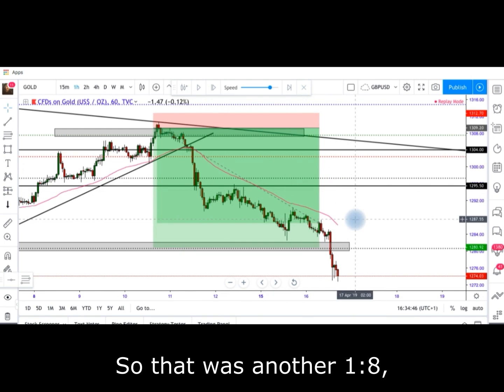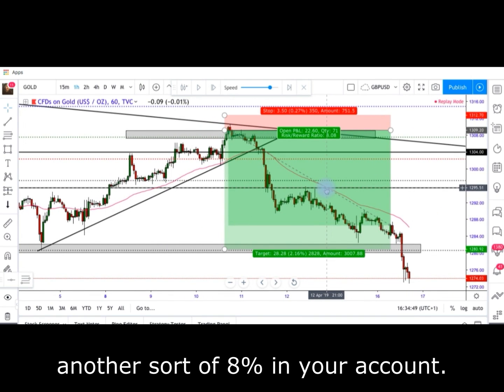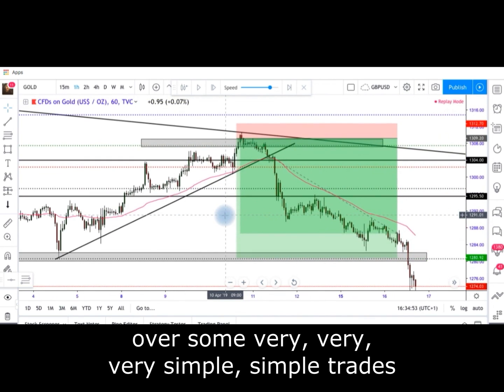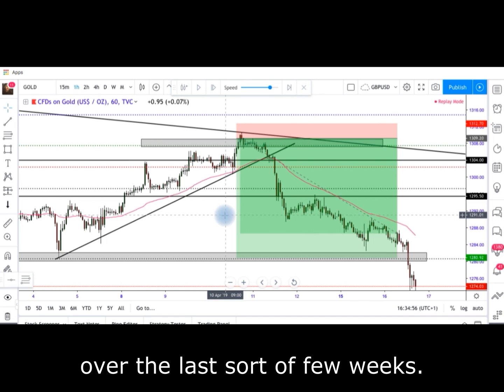So that was another 1 to 8. So that could have been potentially another sort of 8% in your account. So in total, that would have been around 30% in your account over some very, very simple trades over the last few weeks.